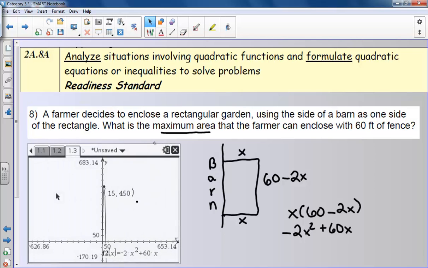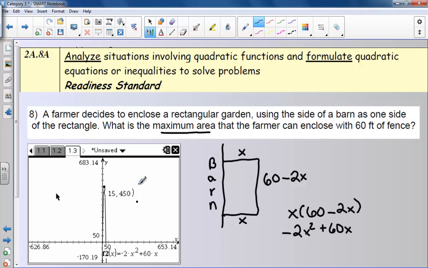I've gone ahead and put this in my calculator. So I graphed this. Here's my negative 2x squared plus 60x. And because it says maximum right here, that means that I am finding the maximum. So I went ahead and I found the maximum. And so my maximum was at 15, 450. So the two things I'm working with here are the feet of fence and the area of the garden right here. So then I have to interpret what's going on.